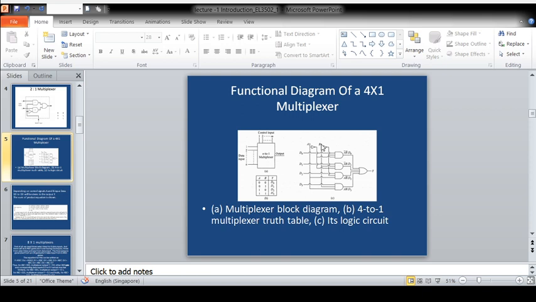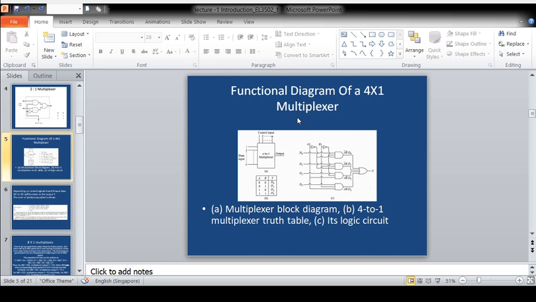This way the 4 to 1 multiplexer circuit is prepared. The block diagram is given in A, the truth table in B, and the circuit diagram in C.